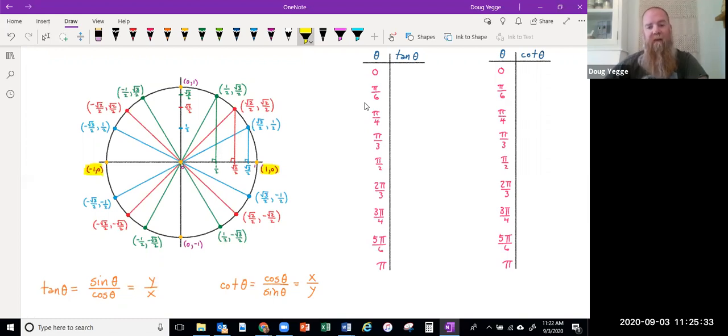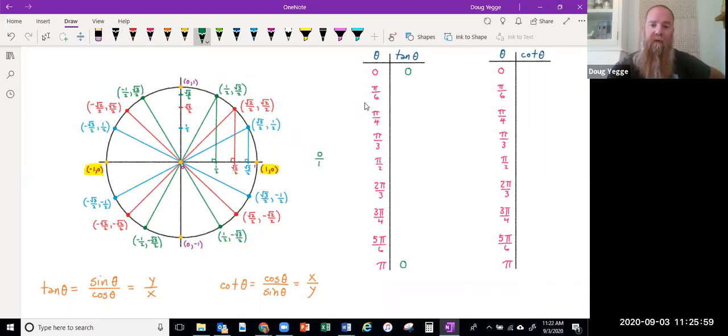So if we take a look at 0, at the angle of 0, the tangent value is the y coordinate over the x coordinate. In other words, 0 over 1. So 0 over 1 gives me a y coordinate of 0. And likewise over at pi, I know I'm also going to get a y coordinate of 0.